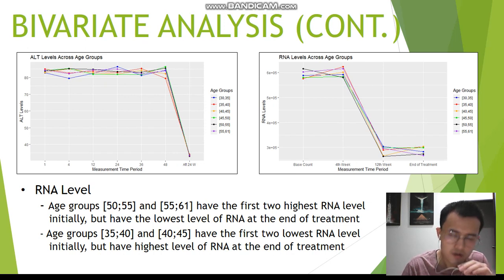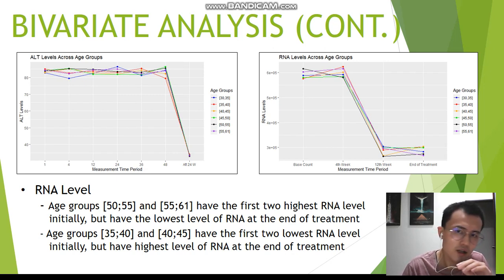In this bivariate analysis, we also study the ALT level across each group and the RNA level across each group. For the ALT level across each group, it shows a similar trend as the ALT level across the gender.